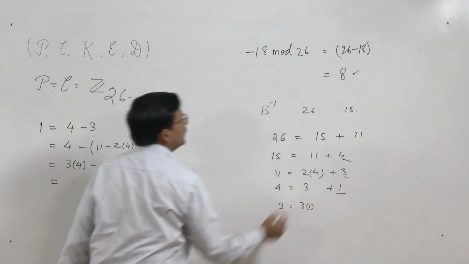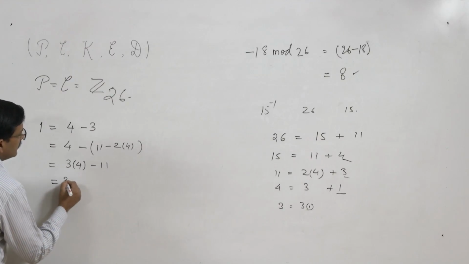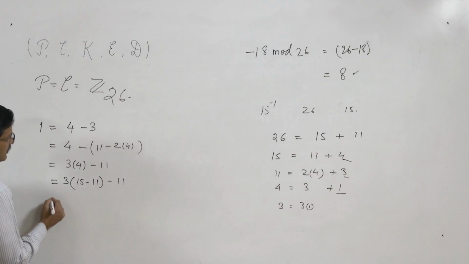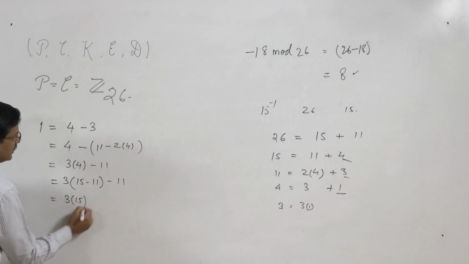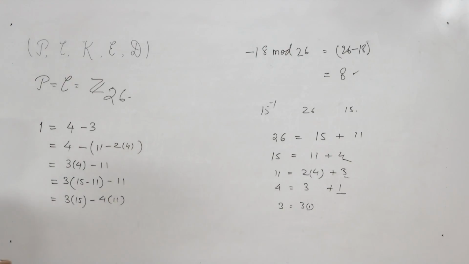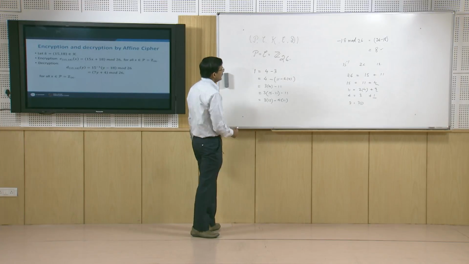Now we have 4 over here. So, we write 4 as 15 minus 11. So, we have got 15 minus 11 minus 11. So, this is 3 times 15 and then minus 4 times 11, and now we have to somehow write 11 in terms of 15 and 26.